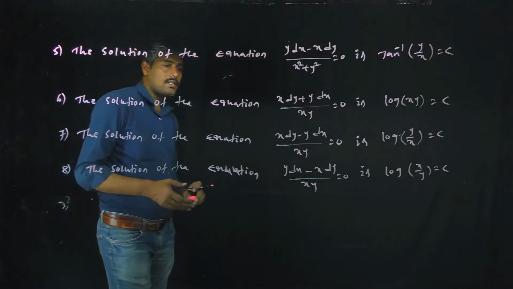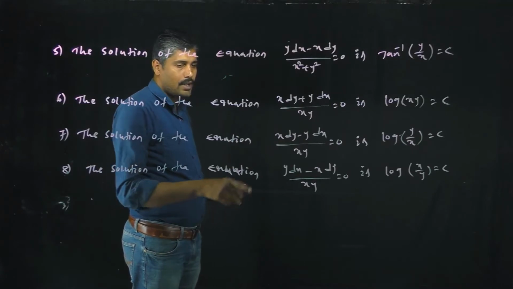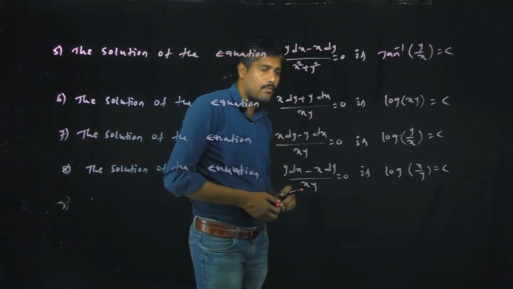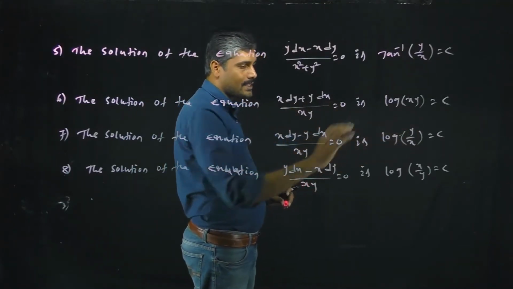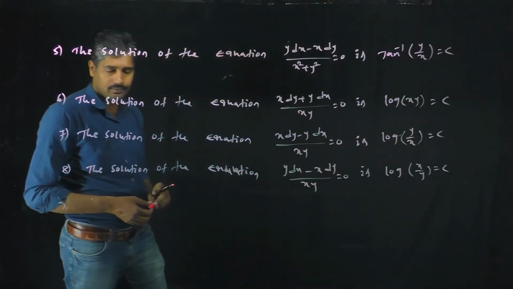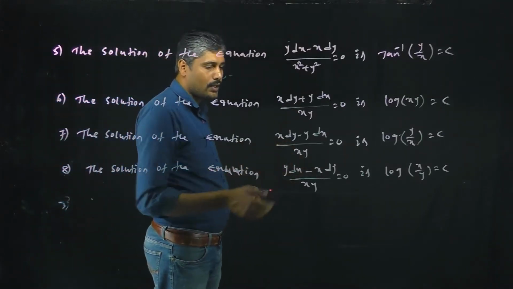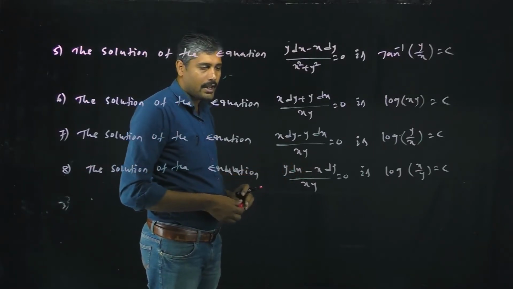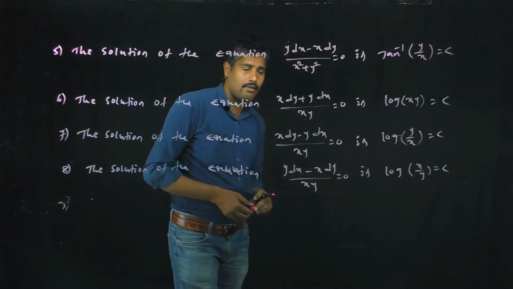The equation (x dy − y dx)/(xy) = 0 has the solution log(y/x) = c. Suppose the equation is (y dx − x dy)/(xy) = 0; then the solution is log(x/y) = c.